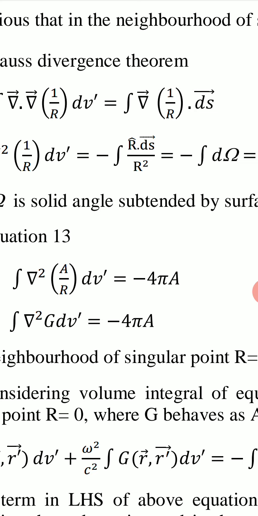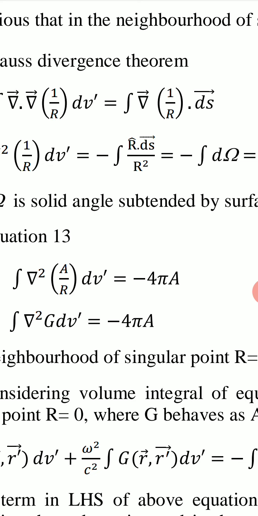If we differentiate, del means differentiation. If we differentiate 1 upon r, its differentiation is 1 upon r square. And as del 1 upon r is gradient, it is a vector quantity, we must have a unit vector r cap. So del 1 upon r can be written as minus 1 upon r square due to differentiation of 1 upon r, and r cap because it is a vector quantity.